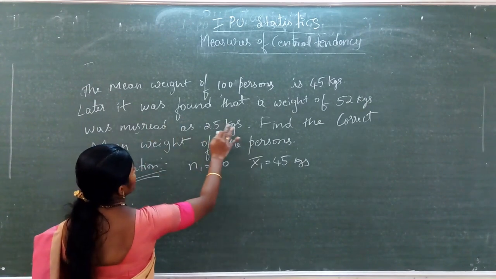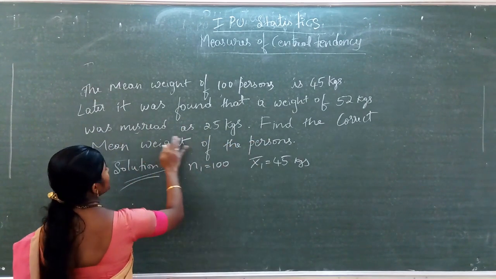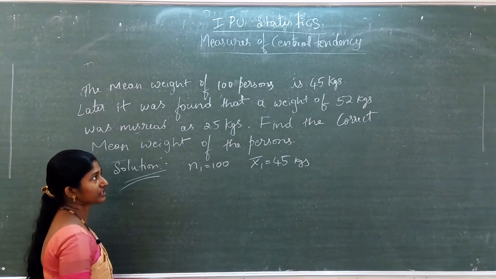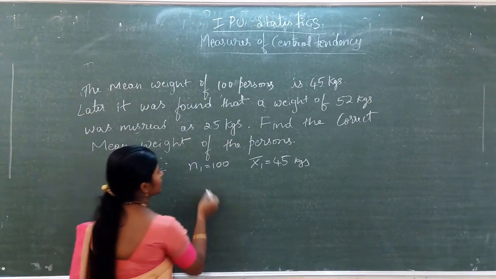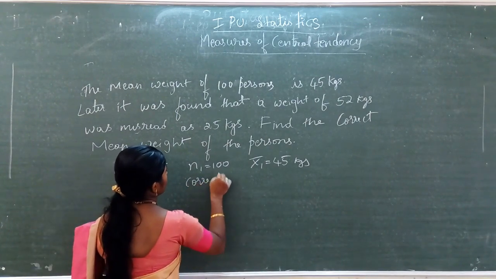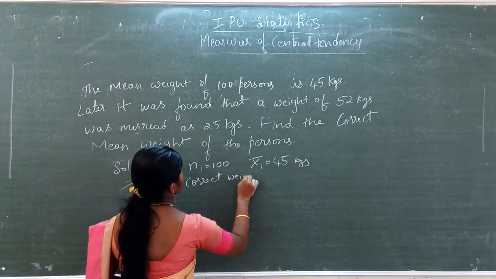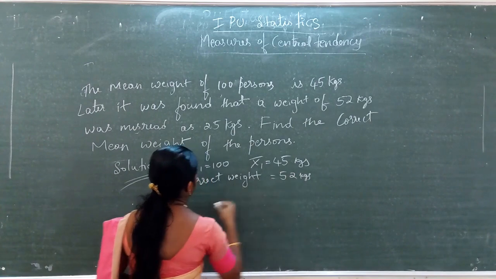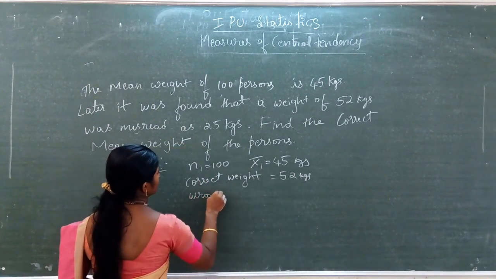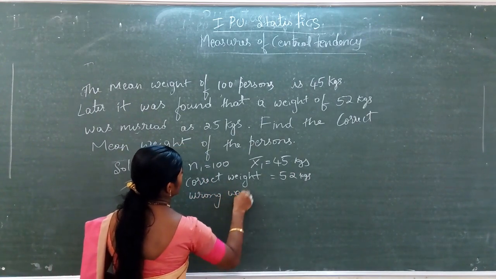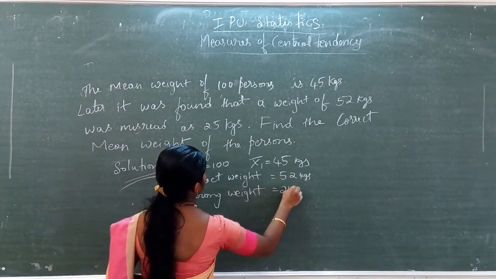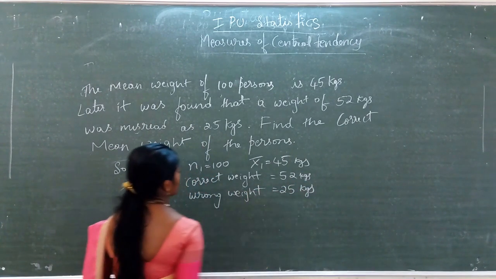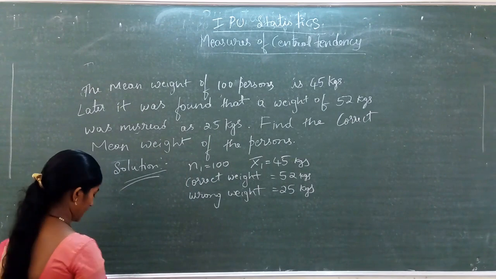Which one is the correct weight? You have to write that. Correct weight is 52 kgs, and wrong weight is 25 kgs.